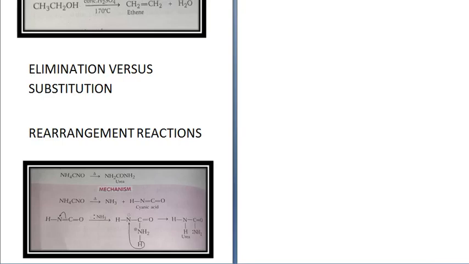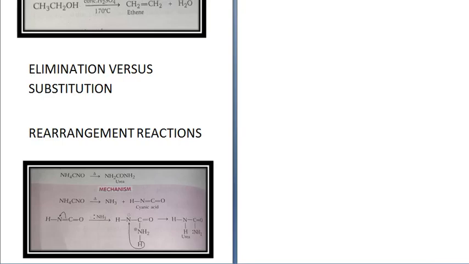If solvent is of high polarity like aqueous KOH, substitution will take place. Alright, alcoholic KOH, elimination. Aqueous KOH, substitution. As for the nature of alkyl halides, tertiary alkyl halides undergo elimination reaction in comparison to substitution reactions.